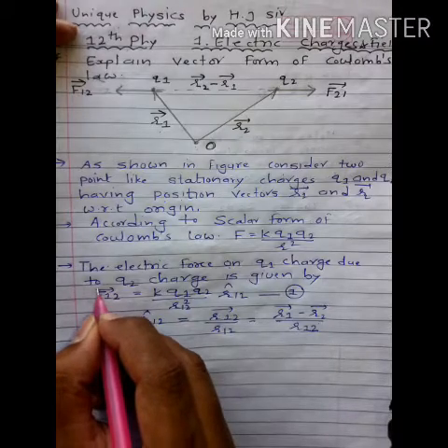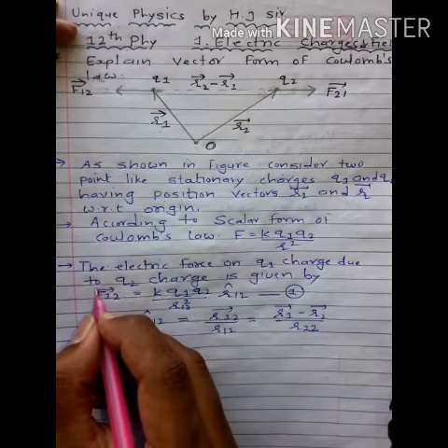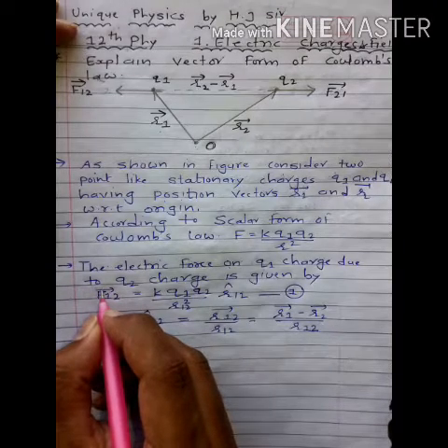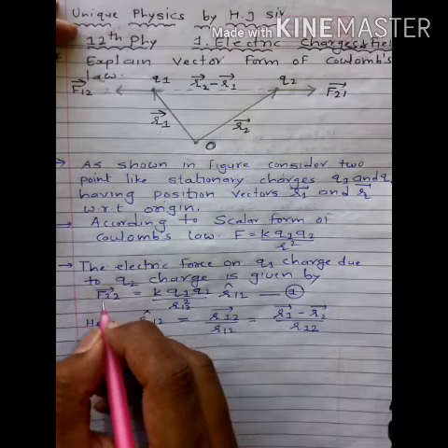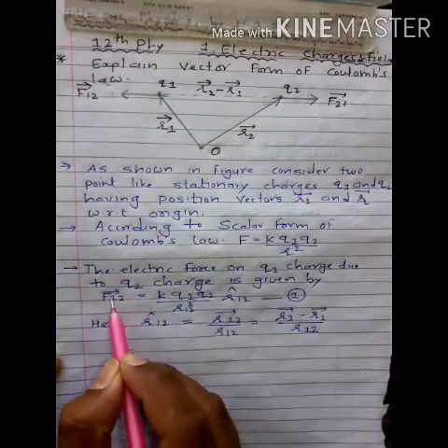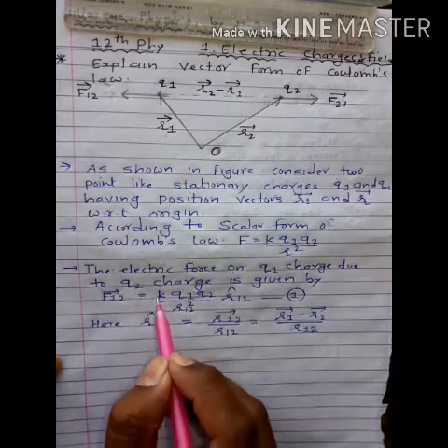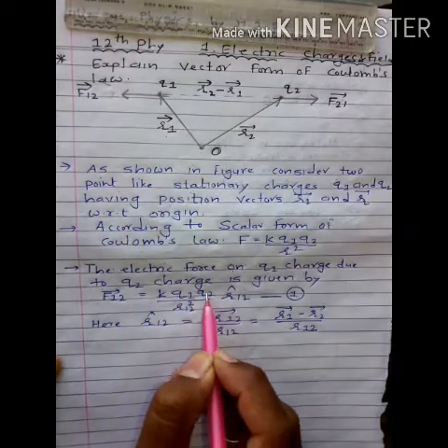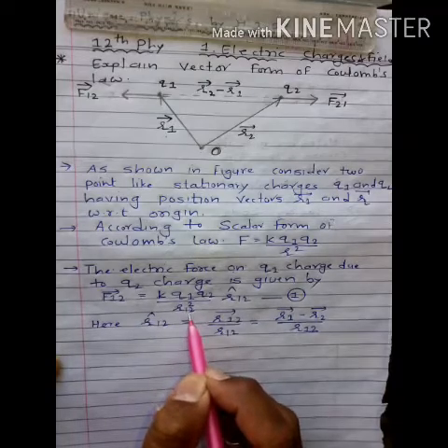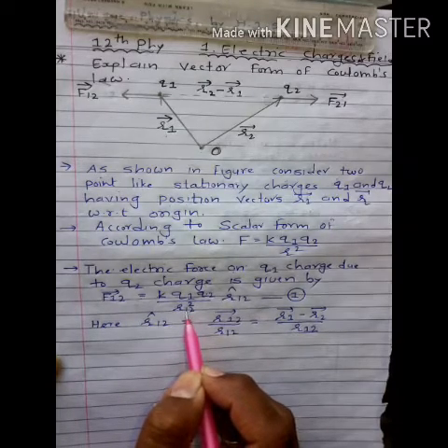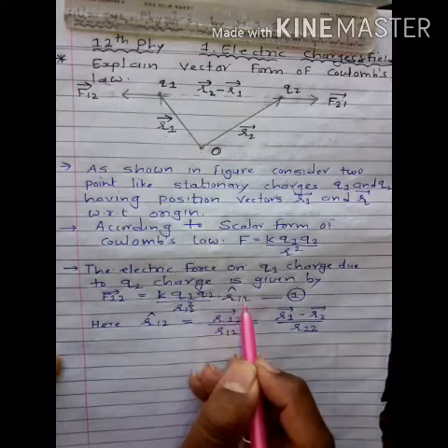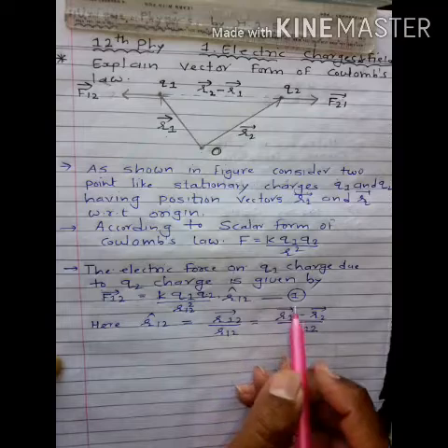Force is a vector quantity and here we use its direction. That's why we use vector form. Vector F12 is equal to k q1 q2 upon r12 square into r cap 12. Here 12 represents force on first by second. This is your first equation.